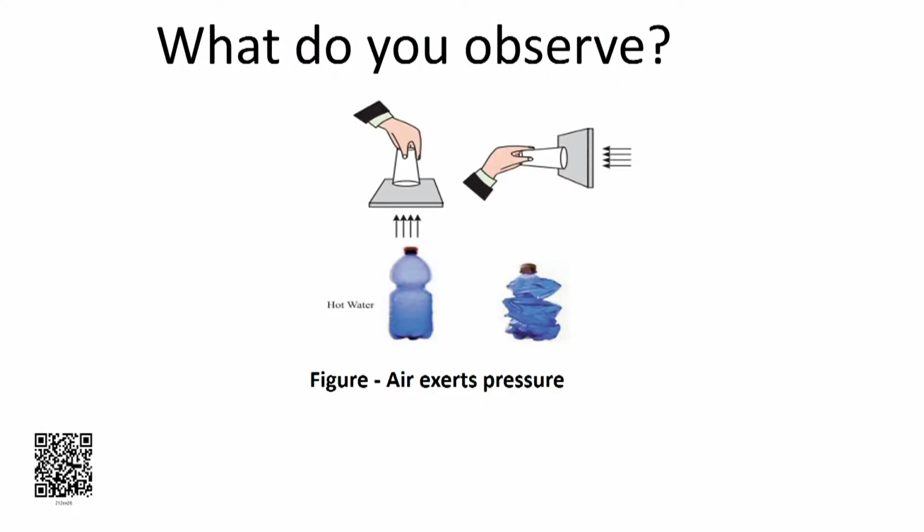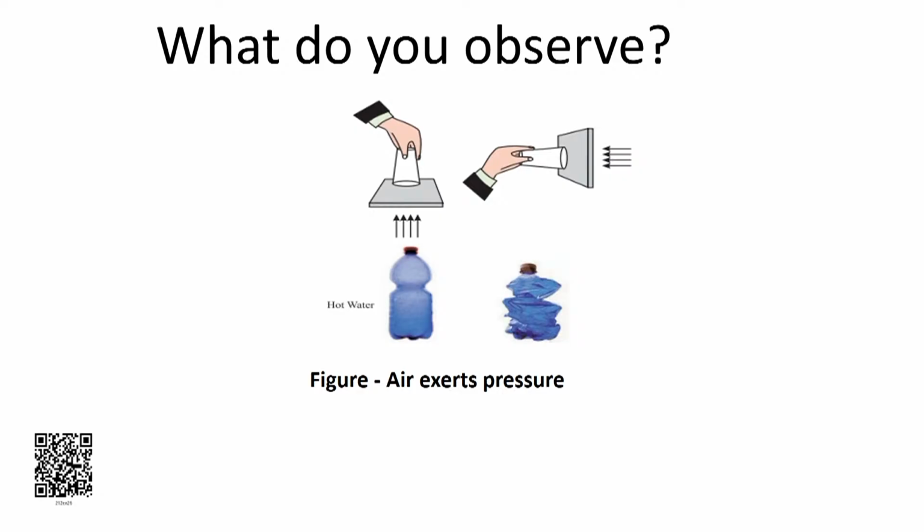So what do you observe? You will find that the bottle collapses and becomes misshapen when the water vapor inside cools and condenses into water. As you see in the figure, you will find the same result if you apply this.